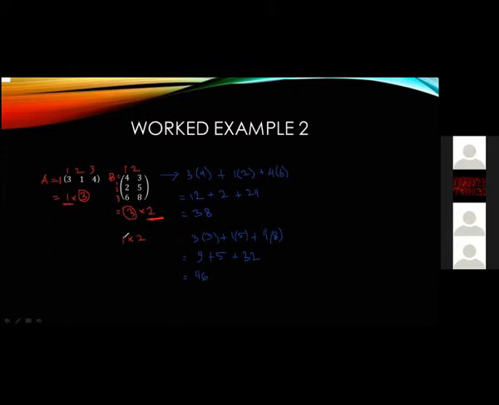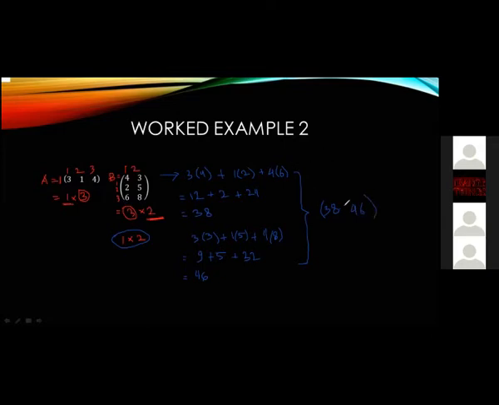Because the key is that we get a result with one row and two columns, the form will be like this. We put 38 first because it's the first row and the first column, and then 46.